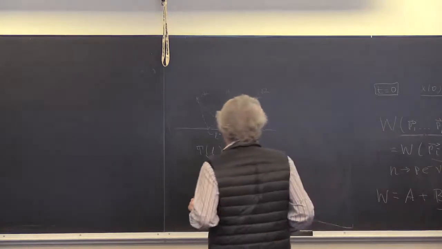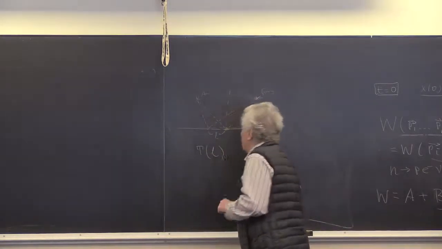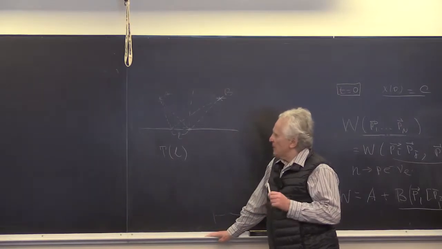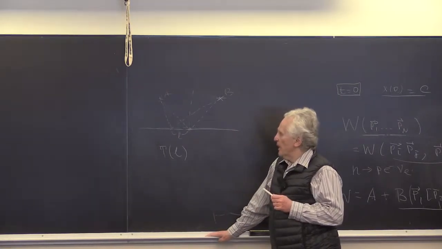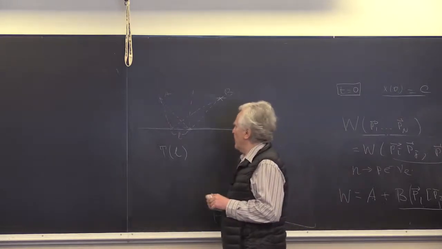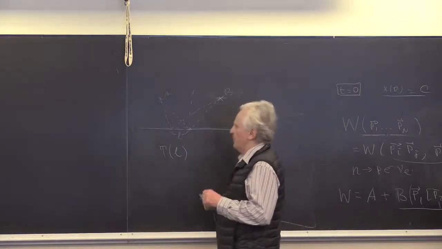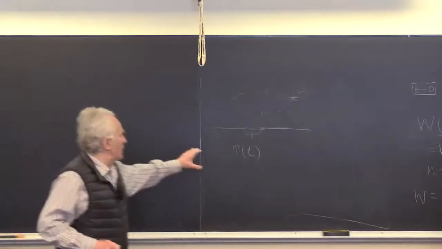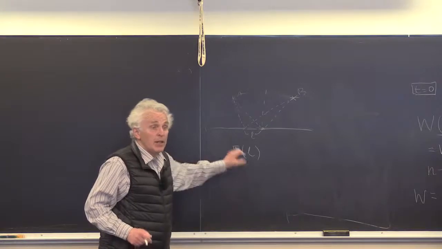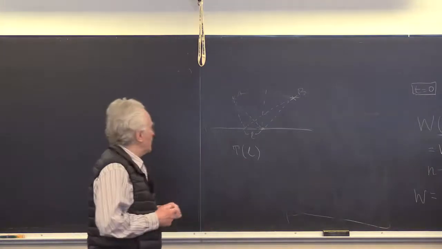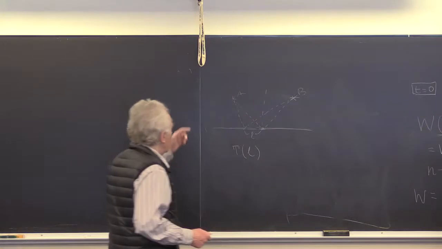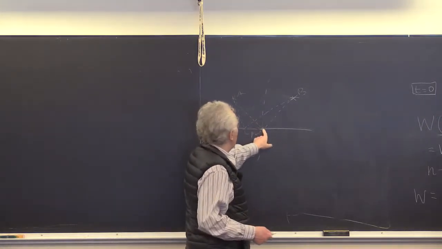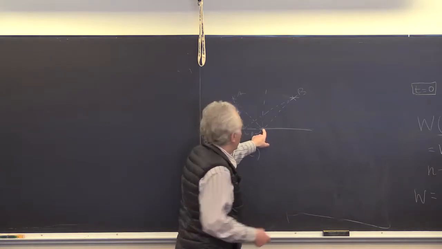Instead, I want to ask you for the argument how T of L depends on L. How to argue from just this picture and just this unwritten expression that the minimal path, the minimal length, minimal time to go will be if we are going through the middle here.